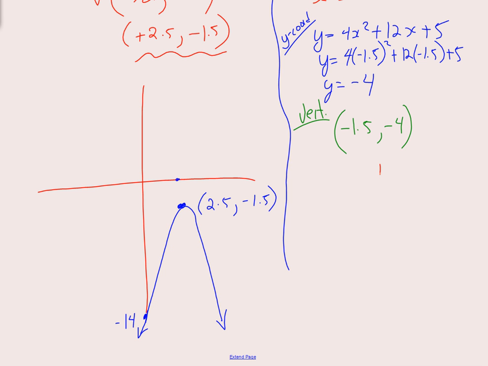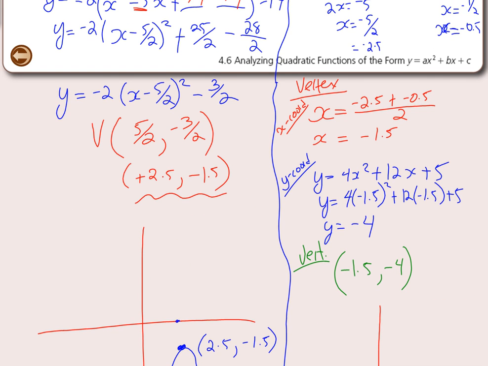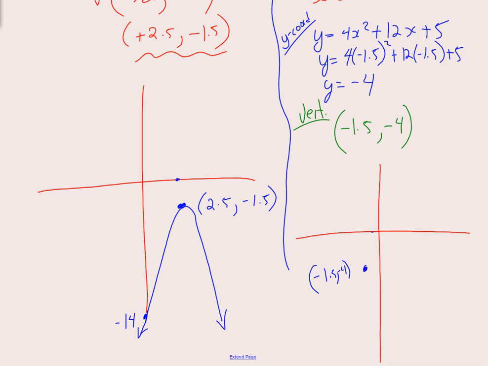Let's bring it all together and sketch this graph. Vertex, negative 1.5, negative 4. Let's just throw it there. The two x-intercepts were negative 2.5 and negative 0.5.